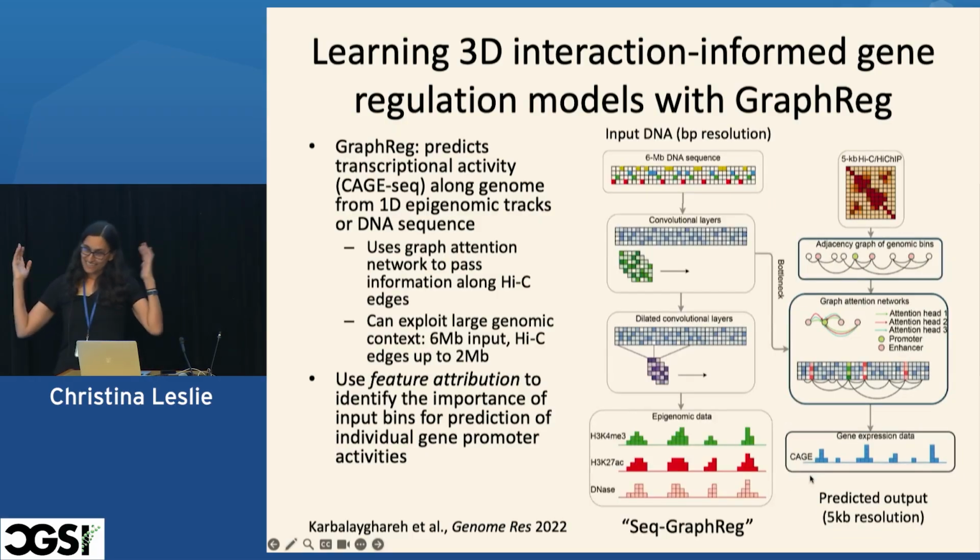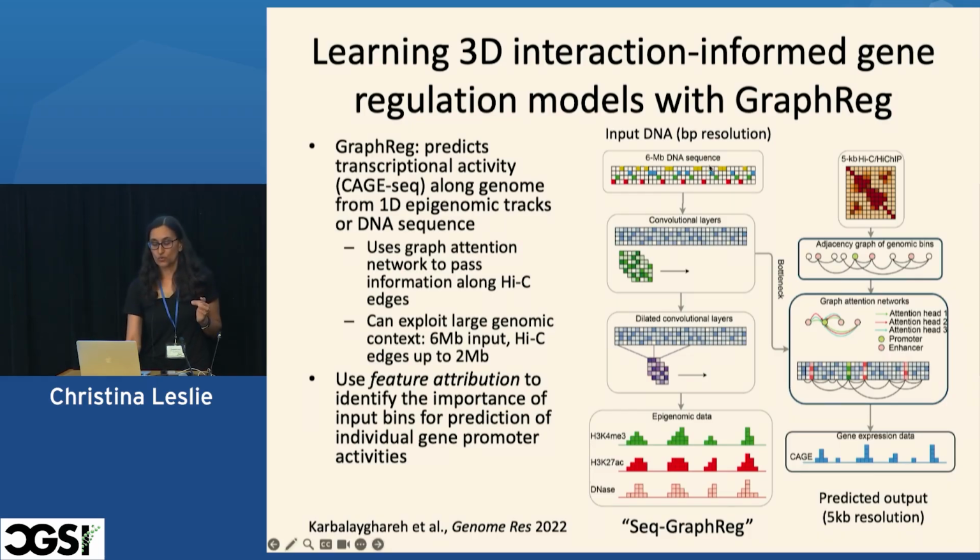Version 2 is we take 6 megabases of one-hot encoded DNA sequence. We use the epigenomic tracks as an auxiliary task. So we have convolutional neural networks and dilated convolutional layers, and we're predicting the 1D histone marks and chromatin accessibility.